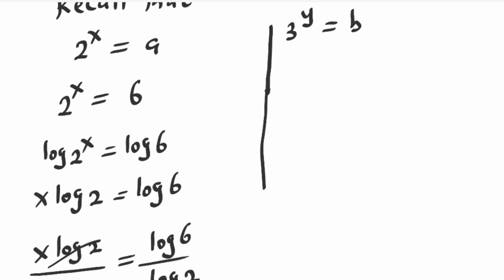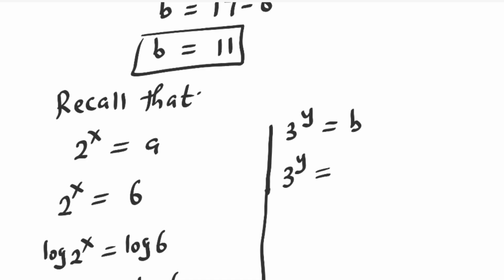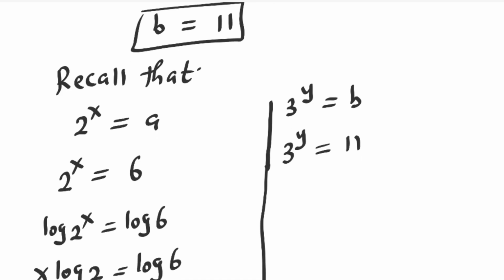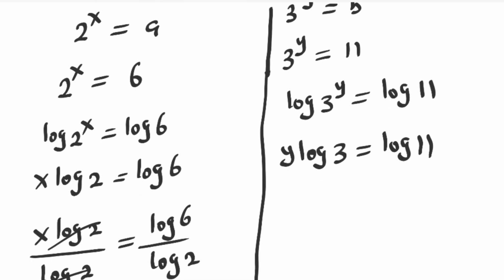Also, 3 raised to power y is equal to b, which is 11. Let us take the log on both sides of this equation. Log 3 raised to power y is equal to log 11. y log 3 is equal to log 11. Then let's divide both sides of this equation by log 3.